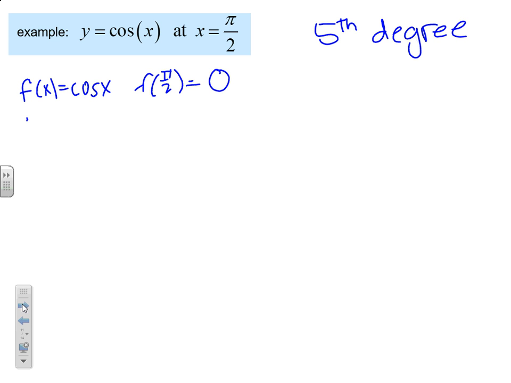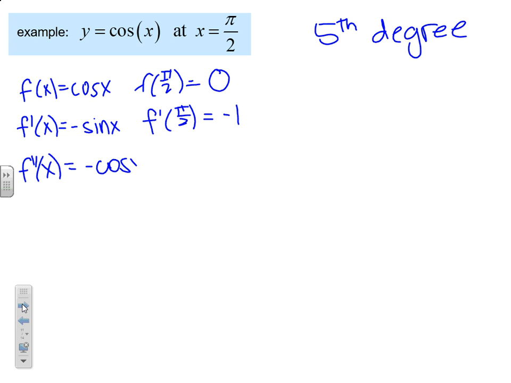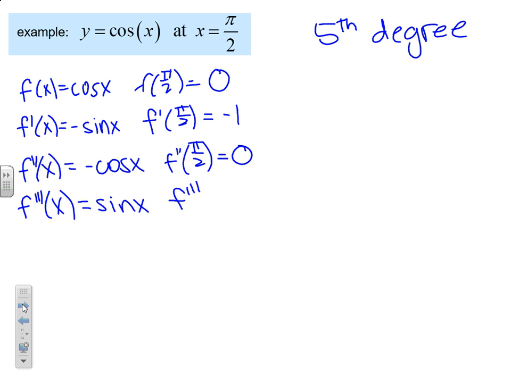0. Our derivative is negative sine of x, evaluated at pi over 2. Our second derivative would then be negative cosine of x, evaluated at pi over 2. These are kind of boring, right? Third derivative would be positive sine x, evaluated at pi over 2.